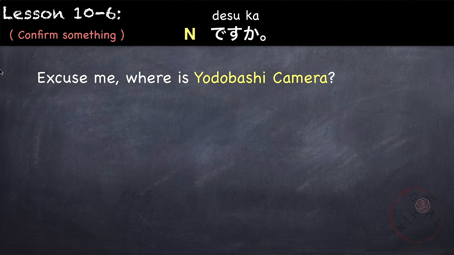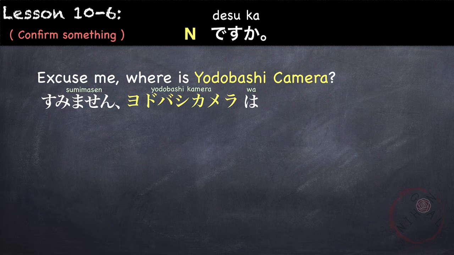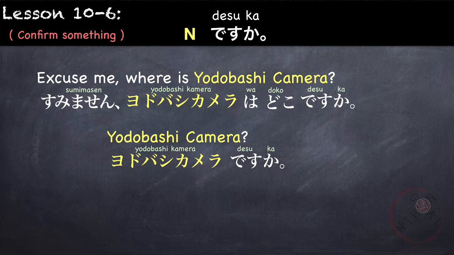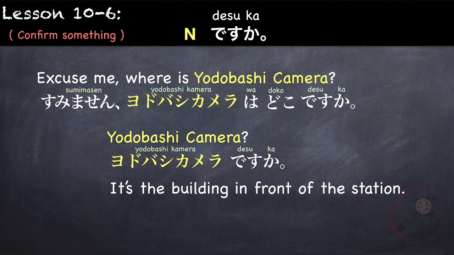So let's translate this into Japanese. Excuse me, すみません。ヨドバシカメラはどこですか? The other person will confirm the information. ヨドバシカメラですか?